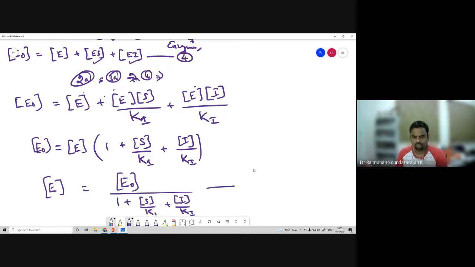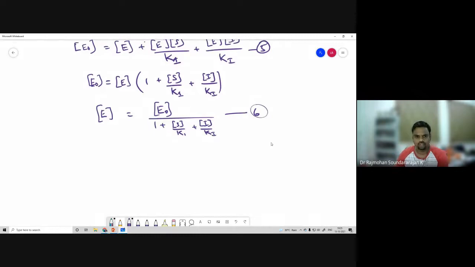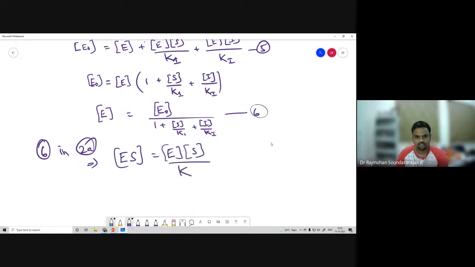Let us give a number to it. The numbers given so far are 4 and 5, so let it be 6. Now substituting 6 in equation 2a, we have the ES expression equal to E into S by K1.